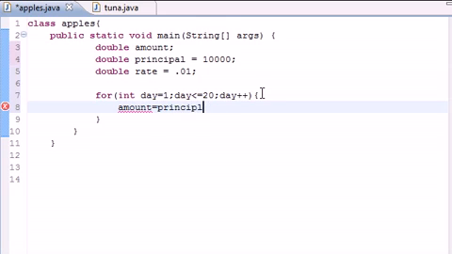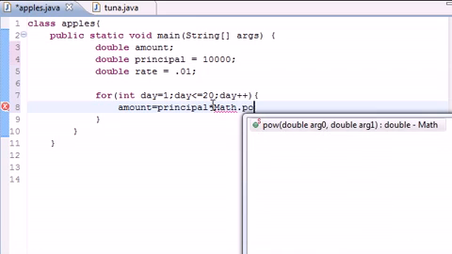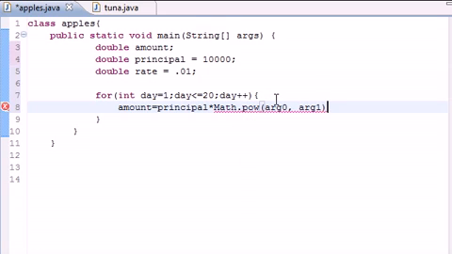It's principal, and make sure you type these right, times something to the power, and this calls for an outside method, math.pow. You can see right here that it takes two arguments. The first argument is what's in the parentheses, and the second argument is the exponent. Let's add those arguments right here.